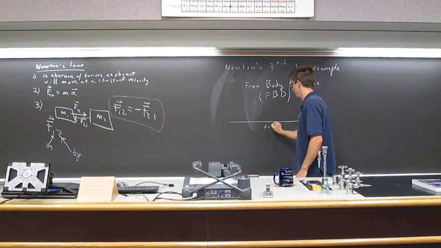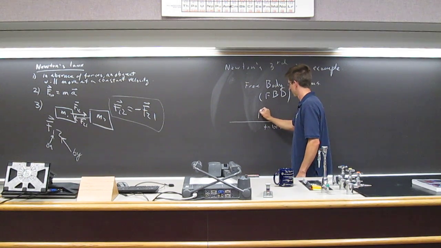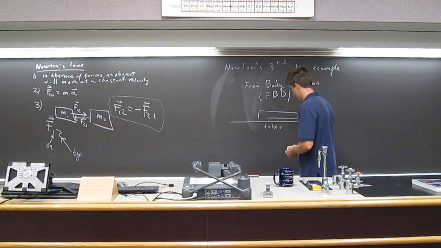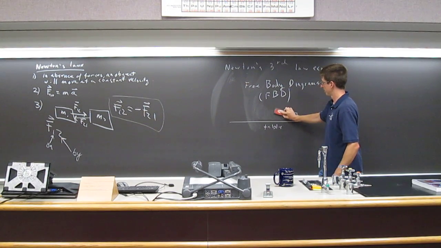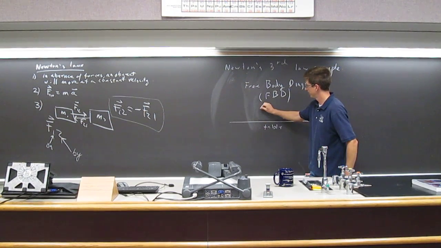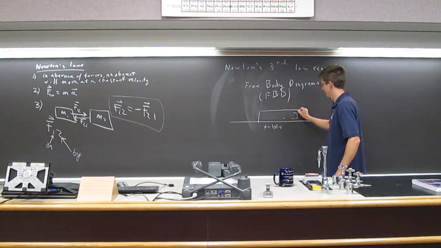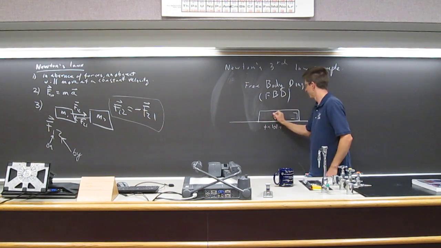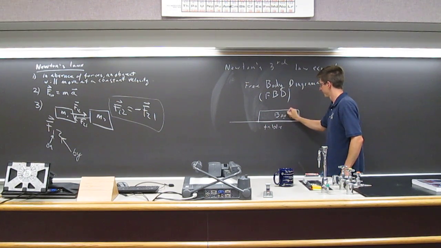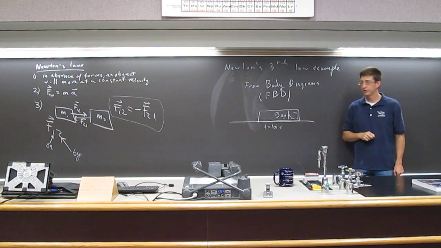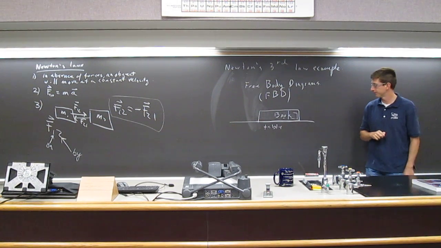So, table. Let's try and draw it. It's on the table, it's probably not levitating. So a book resting on a table.